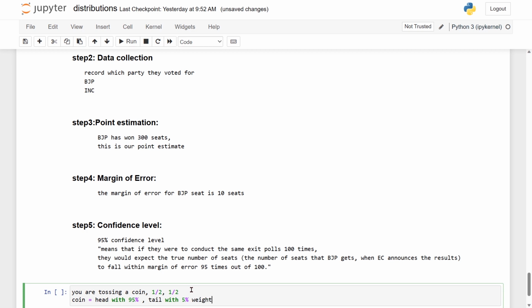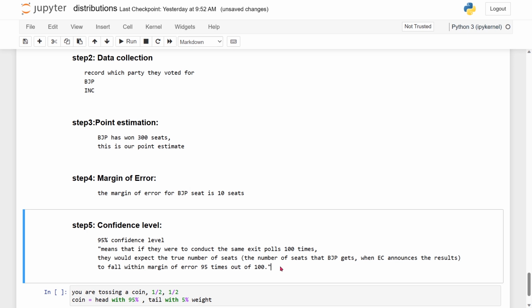So if you toss that coin 100 times, 95 times you may get heads and only 5 times you may get tails. That's what they are saying. If we do the exit polls 100 times, 95 times we are confident that the actual number of seats that BJP may get falls within this bracket.